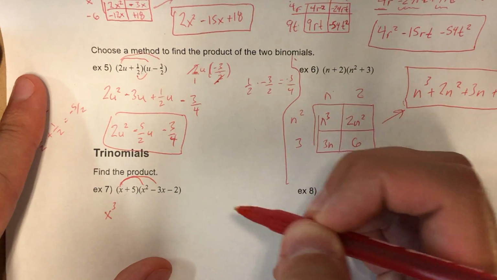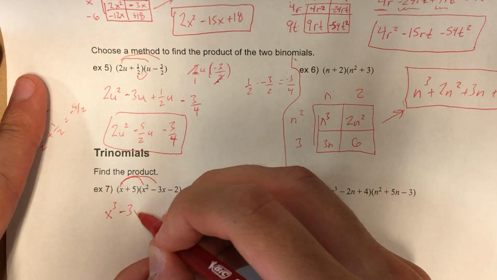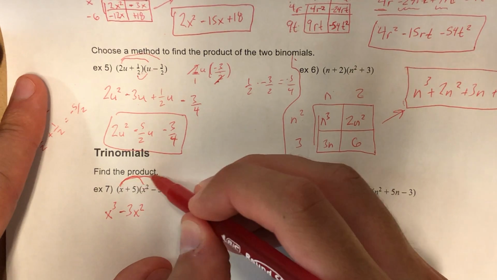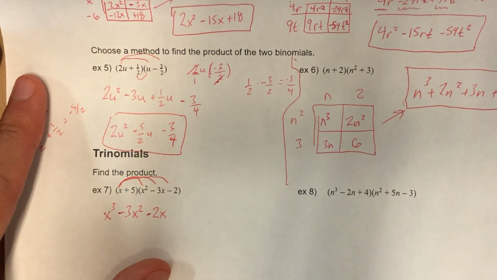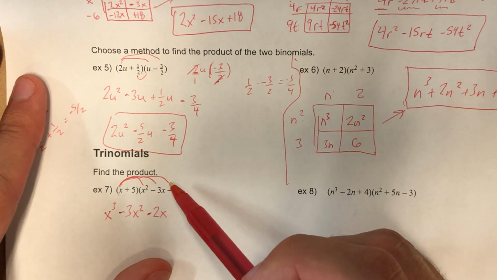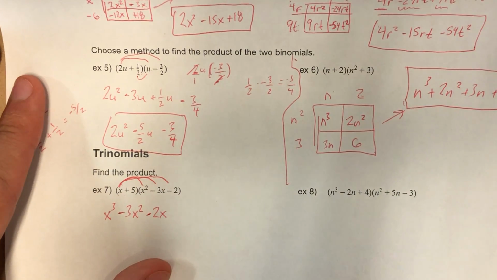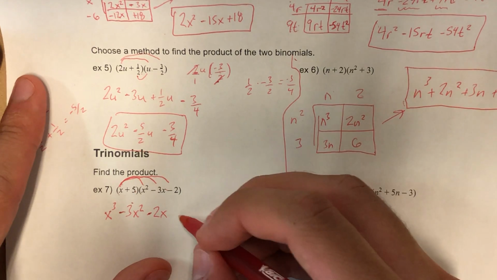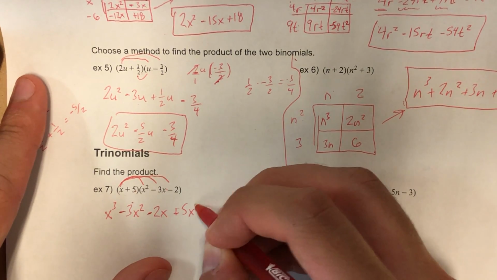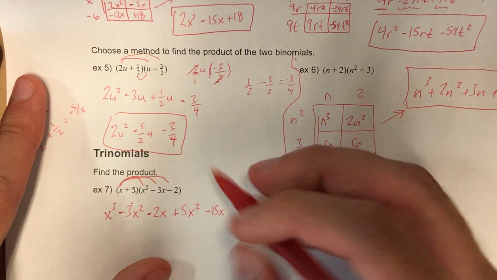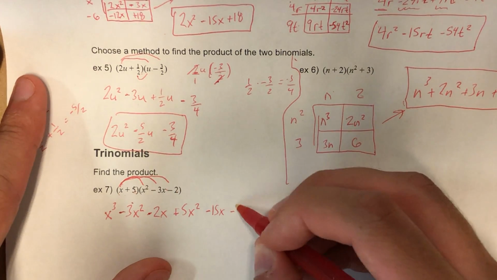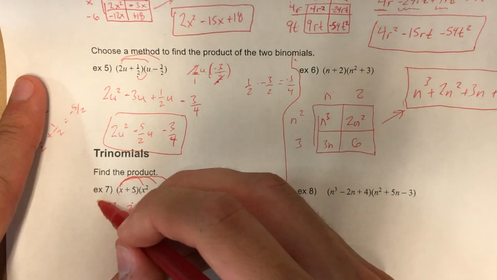You take x and multiply it by negative 3x. That gives me negative 3x squared. You take x and multiply by negative 2, which gives you negative 2x. So I've taken the first term and multiplied it by everything. Now I'm going to do the second and multiply it by everything. So 5 times x squared is 5x squared. 5 times negative 3x is negative 15x. 5 times negative 2 would be negative 10.